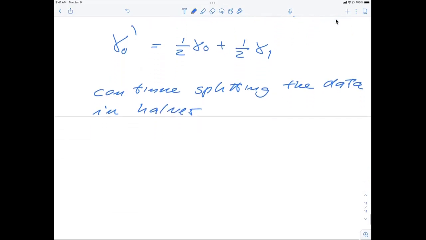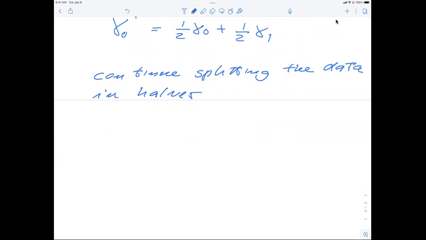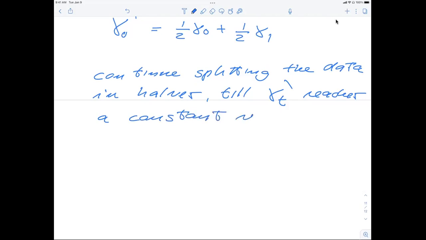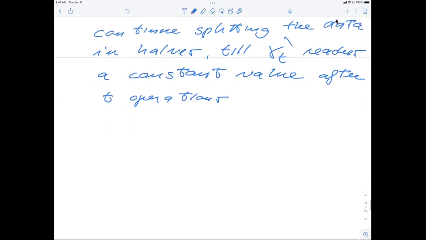Which means that what we're going to have now is something like this, till this gamma of t prime reaches a constant value, so that it converges towards a constant value after t operations, or t blocks.